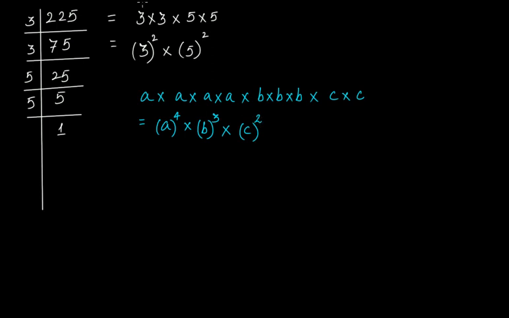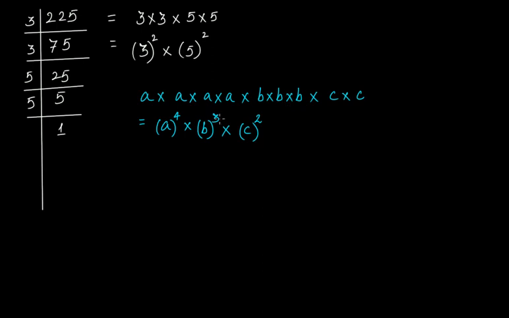Just what we have done here, exactly we are dealing with variables. What if we don't have exact numbers, we have variables here, right? So we are forming a bridge between algebra and arithmetic. This is in the form of numbers, and this is in the form of variables. So actually this is the concept of algebra.